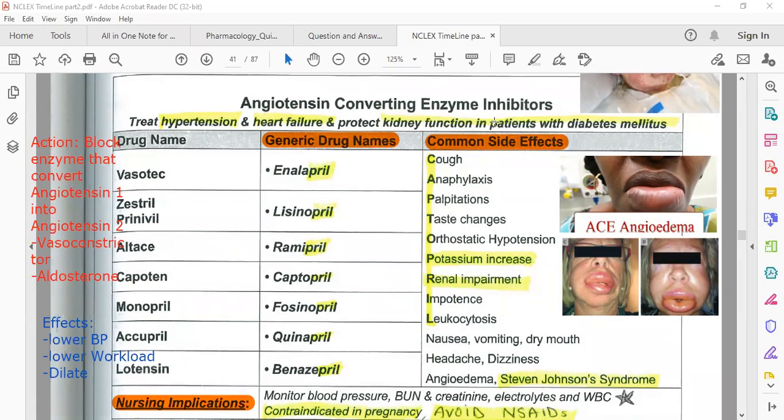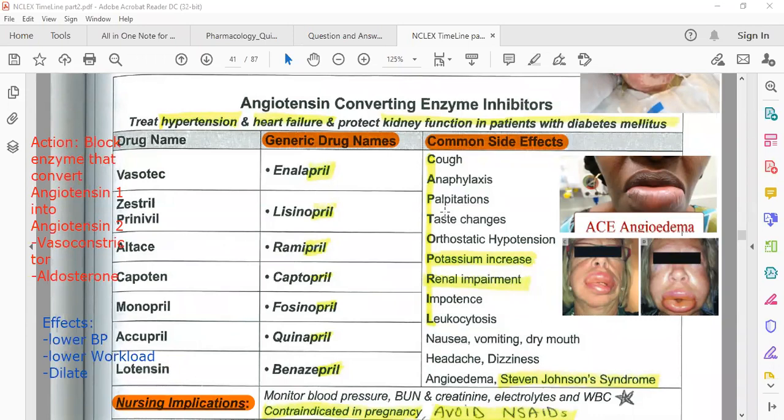Some patients complain about a dry cough. It is important to notify the healthcare provider. It is also important to educate our patient to avoid potassium supplements. Other contraindications are pregnancy or breastfeeding.